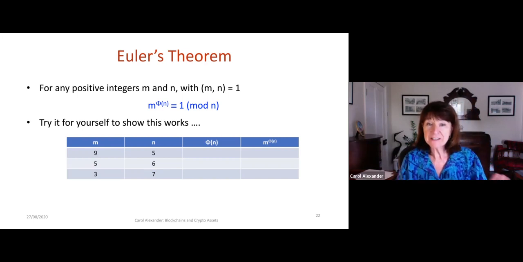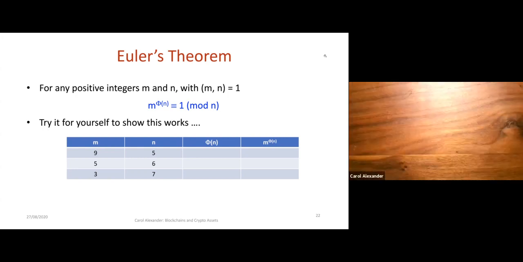So, here's a theorem. For any positive integers m and n that are coprime, m to the power of the totient function of n is congruent to 1 mod n. So let's have a look and see if it works on these numbers, 9 and 5.